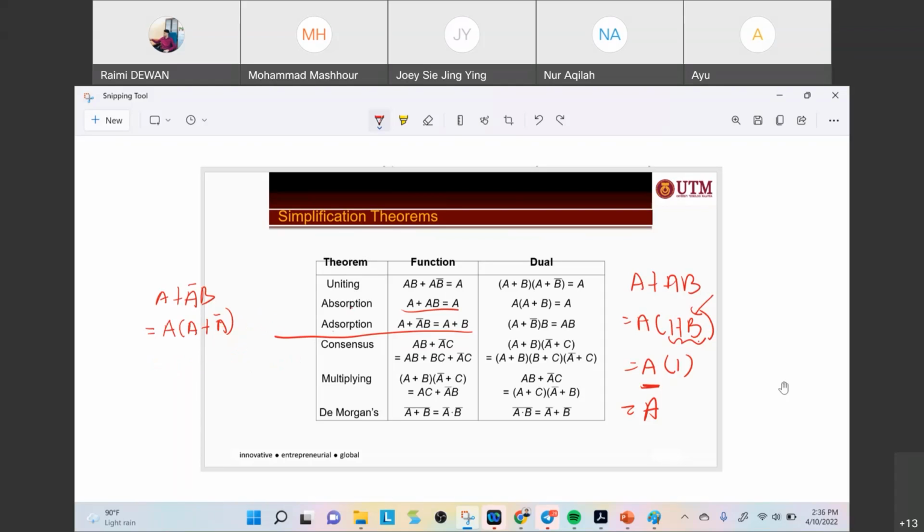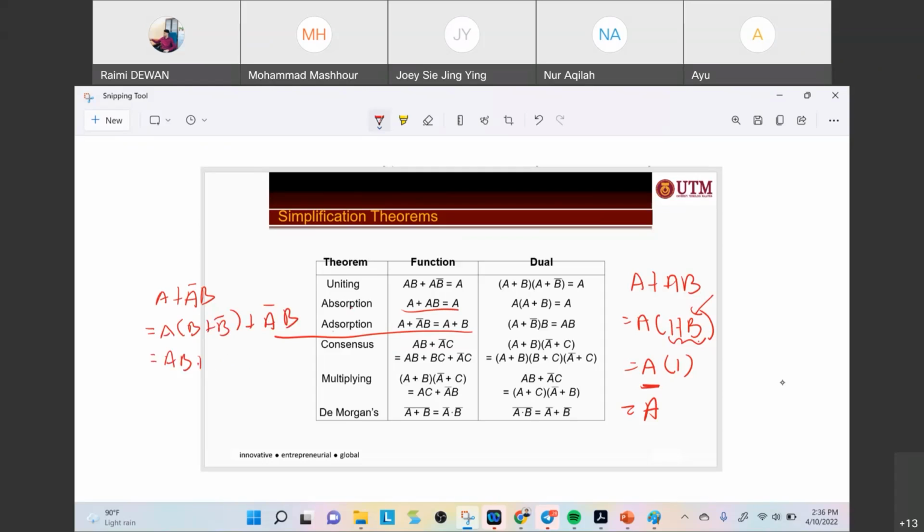At least when you get the answer, it is correct. There are many ways. Even I'm thinking this one, the way A plus A can also be B plus B bar plus A bar B.